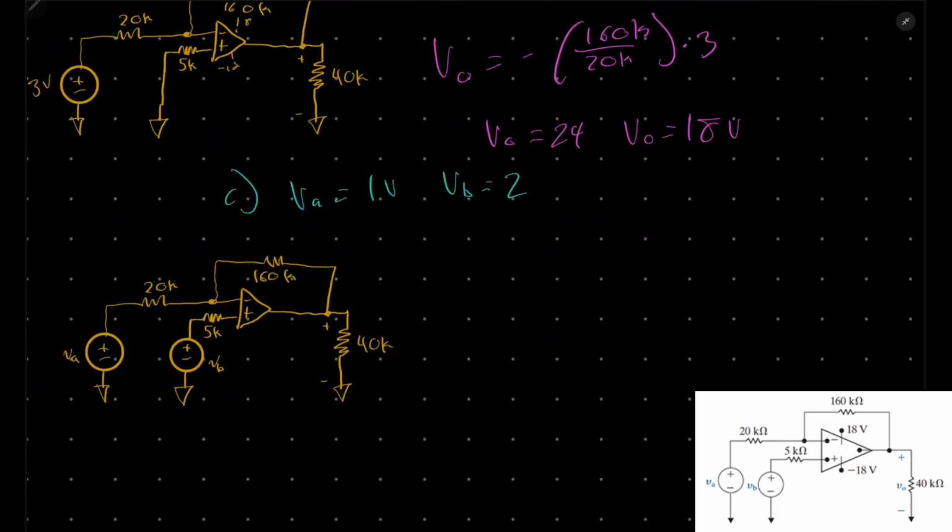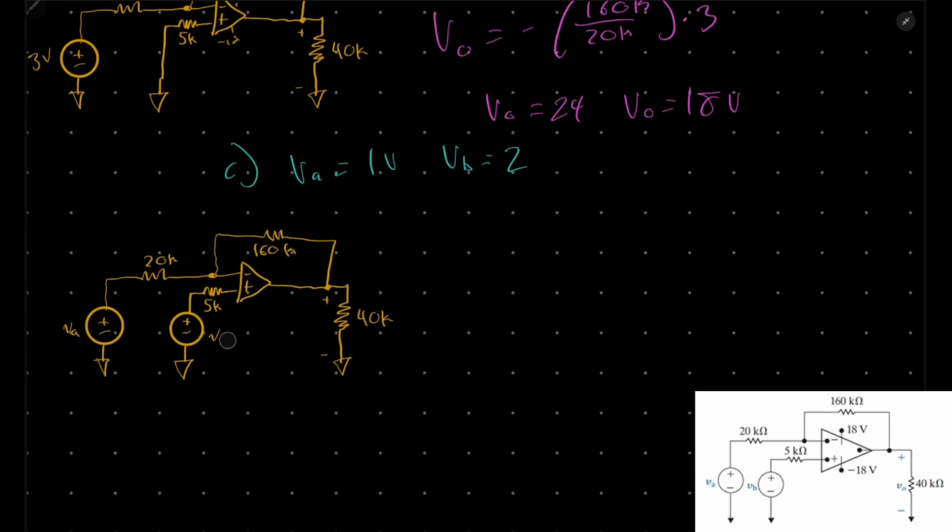Okay, next, for part C, we are going to have VA equal 1 and VB equal 2. So we'll label this as 2 volts in yellow, and this as 1 volt. Now, this is going to be a differential op amp, so it's going to have a different equation.